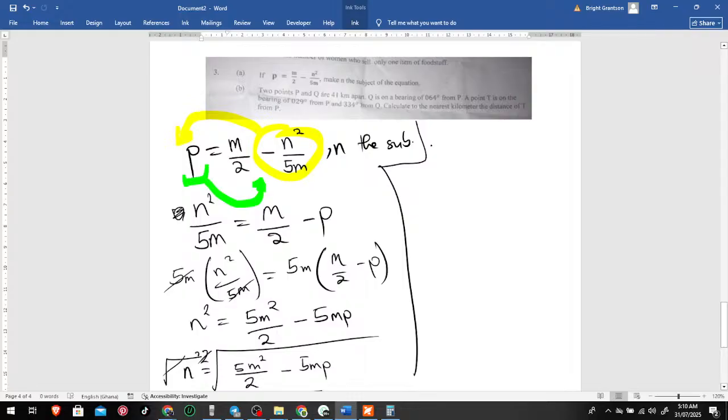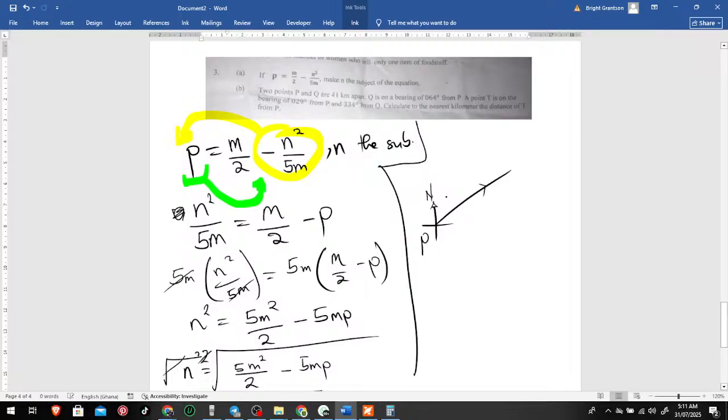Two points P and Q are 41 kilometers apart. Q is on a bearing of 64 degrees from P. So it means this is P. If I'm taking something from you, I'm pulling it out, right? So it means Q came from P, right? On the bearing of what? In bearings we read from the north.